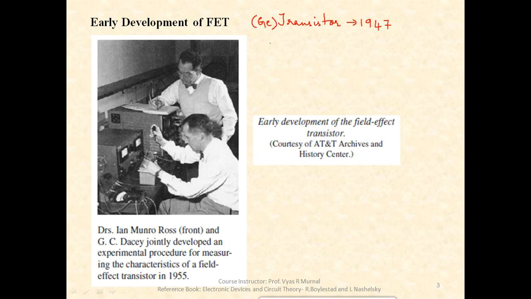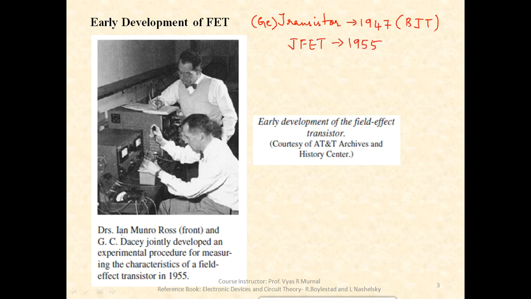Then it took nearly 7 to 8 years for a junction field effect transistor to be invented. The first transistor was a BJT, bipolar junction transistor, whereas a JFET was invented around the year 1955.